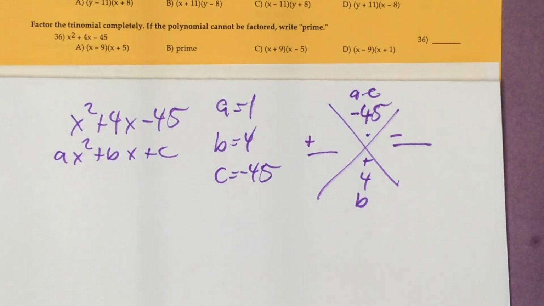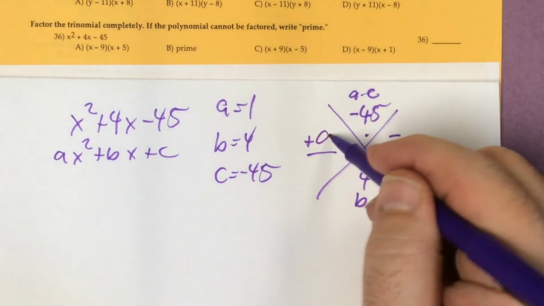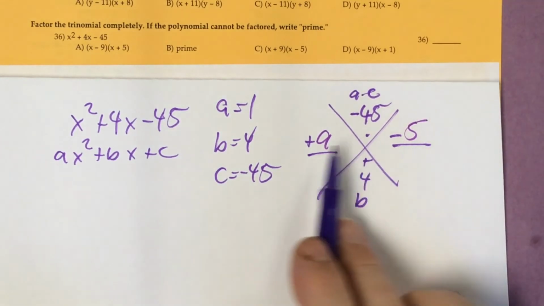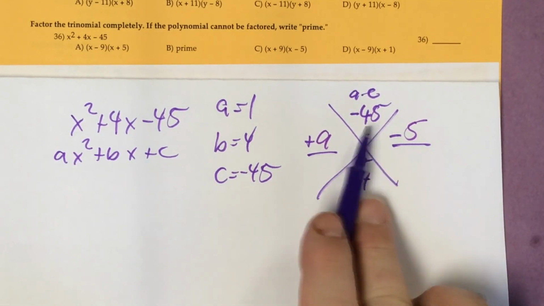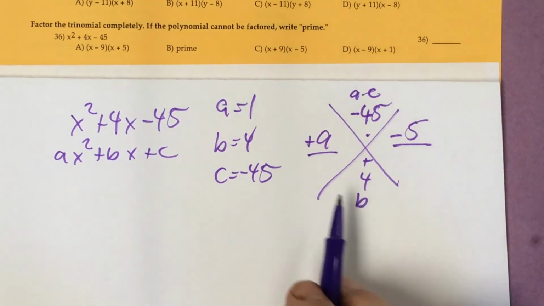So when we add them, because they're opposite in sign, it's going to be a difference. Since it adds to positive 4, we need 9 times negative 5, because positive 9 times negative 5 is negative 45, and 9 minus 5 is positive 4.